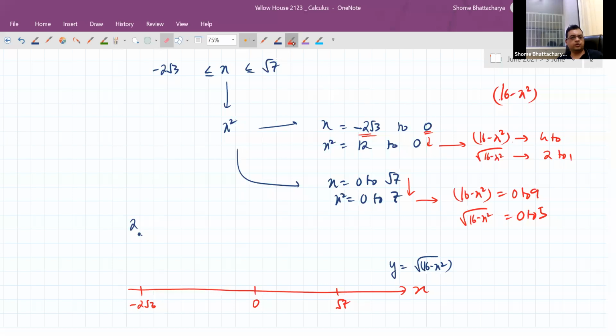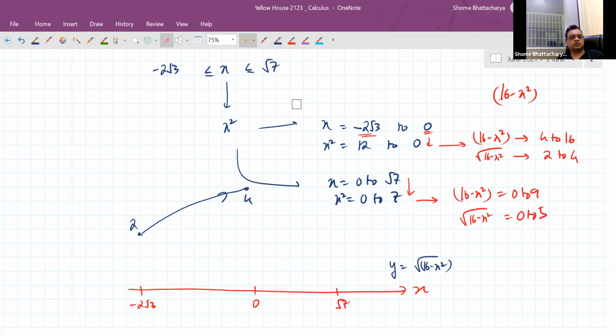It is going from 4 to 16. Yeah. So this is going from 2 to 4. So it's actually increasing here, going to a value of 4.